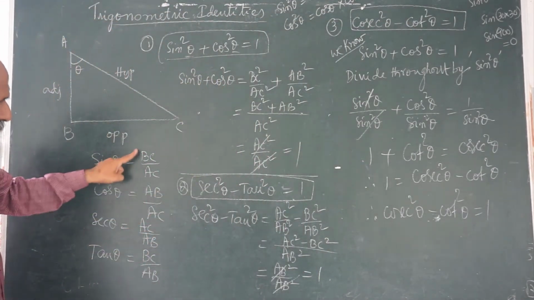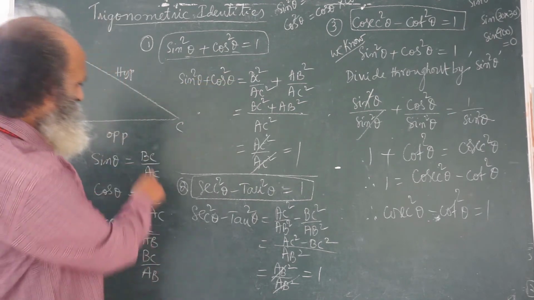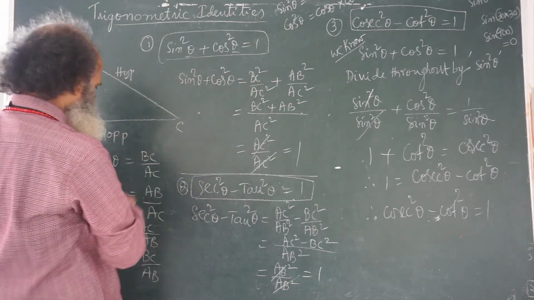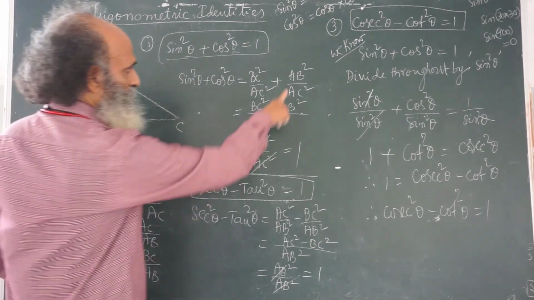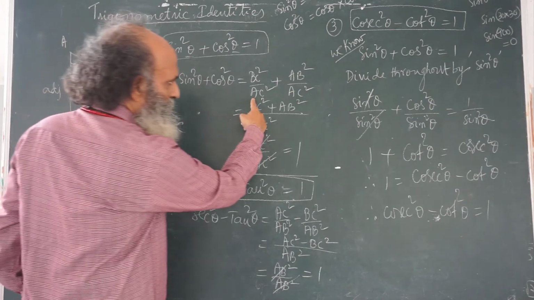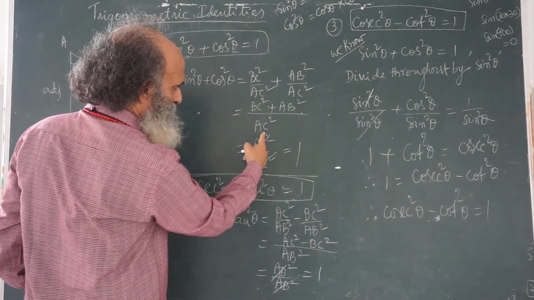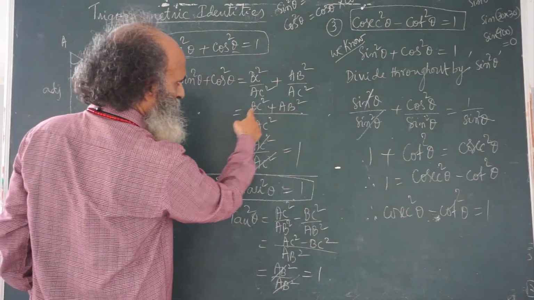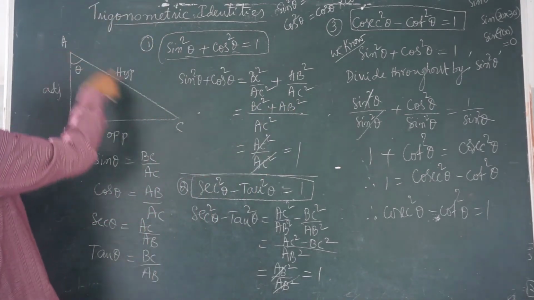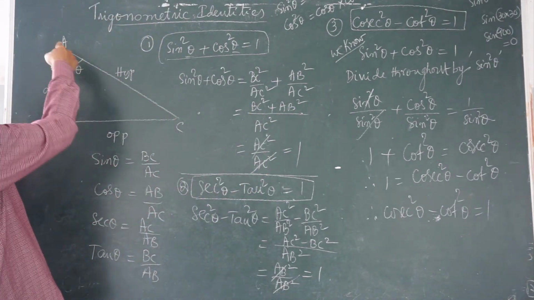Now sin square theta plus cos square theta. Sin theta is how much? BC by AC. So sin square theta means BC square by AC square. Cos theta is AB by AC. So cos square theta is AB square by AC square. Now AC square is a common denominator: BC square plus AB square by AC square. But remember, this is a right triangle, so this is the hypotenuse.